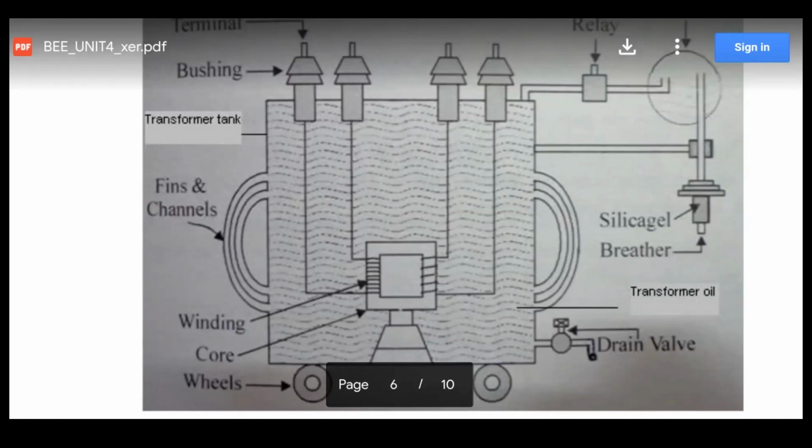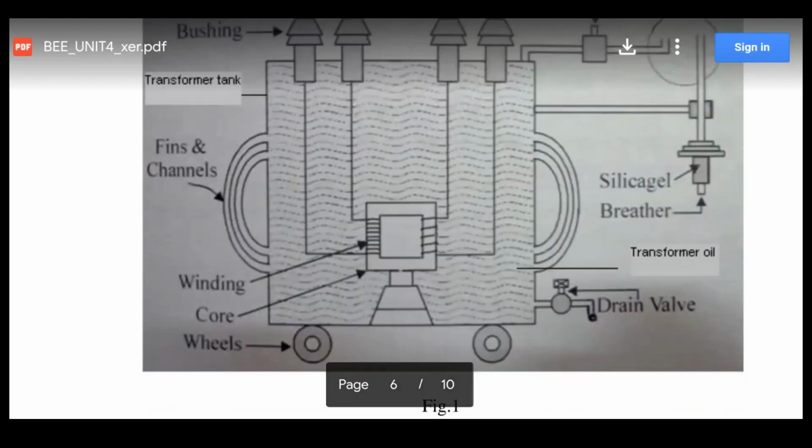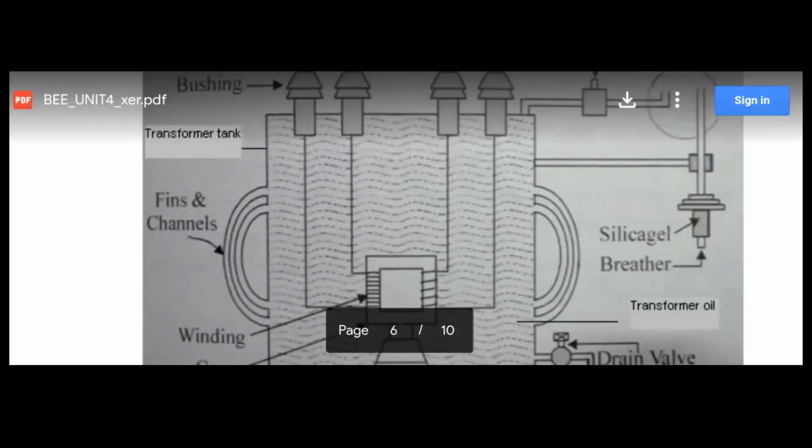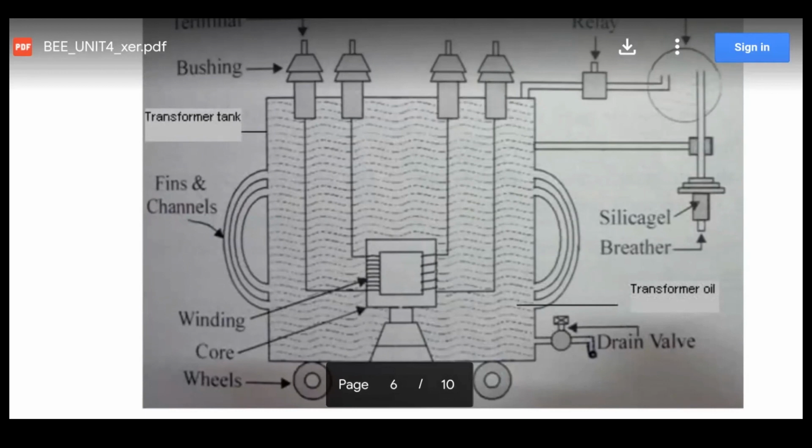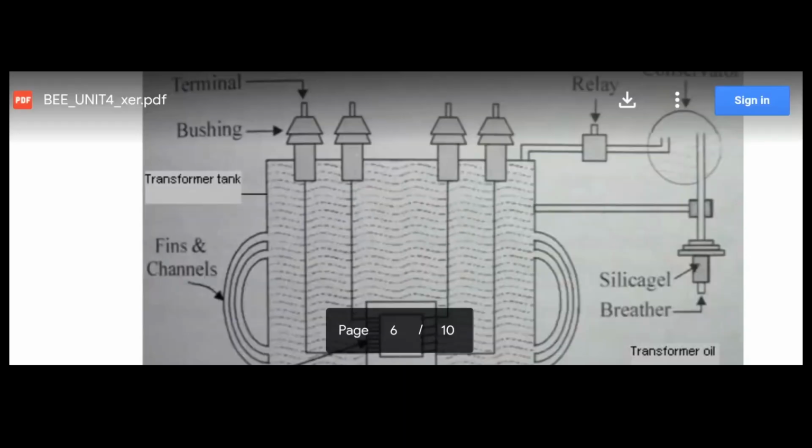Okay, so where current is flowing in the winding, if these windings have loose connections, they can touch the transformer tank, and when they touch the transformer tank, there will be leakage current.